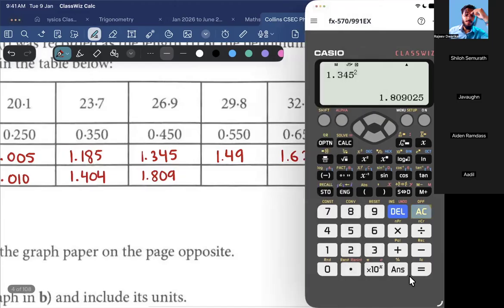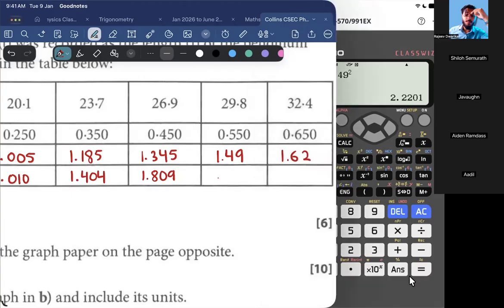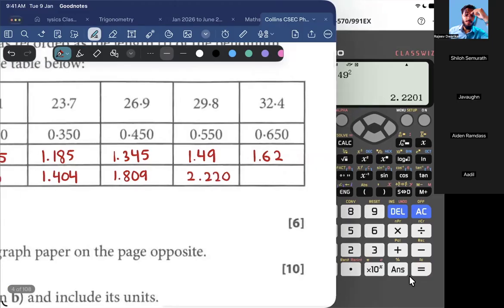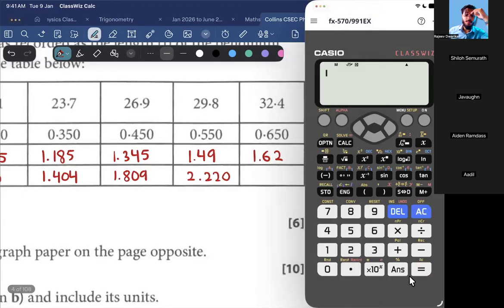Then we have 1.49 squared, 2.220, and then 1.62 squared, which is 2.624.